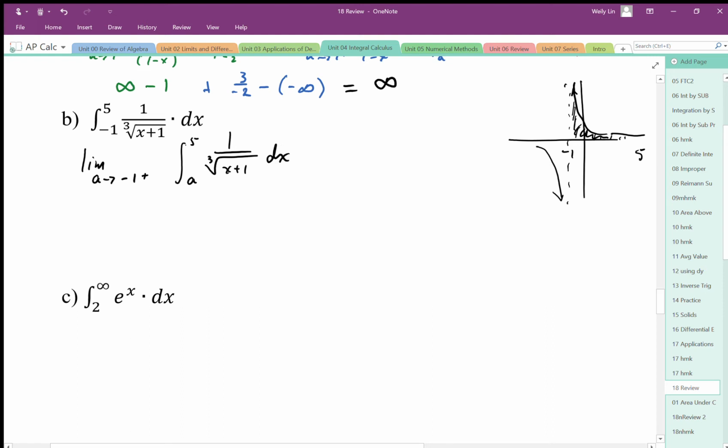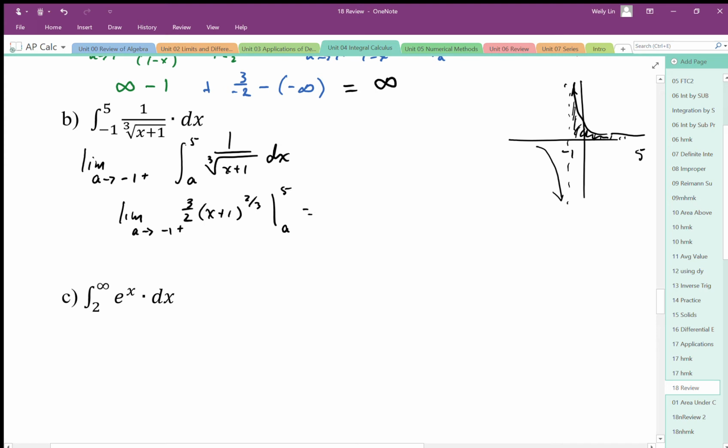Okay, so I'm going to undo this integral. It's going to be the limit as a goes to -1 from the positive side, x plus 1 to the power 2/3, and then divide by 2/3, I can get 3 over 2, and that's from a to 5. Okay, so I can plug that in.